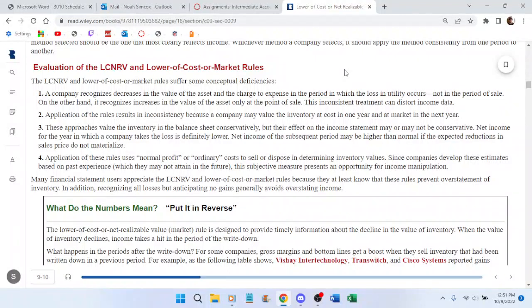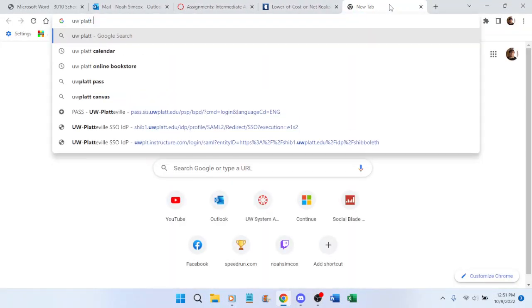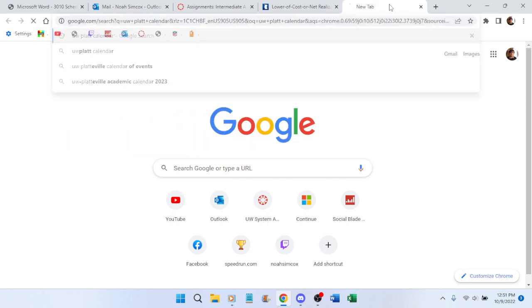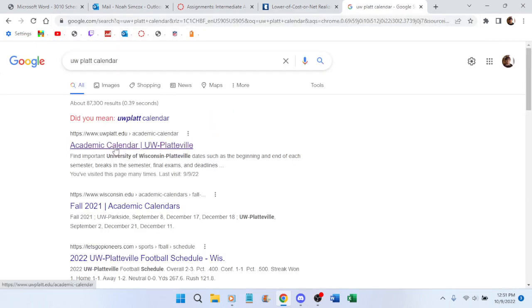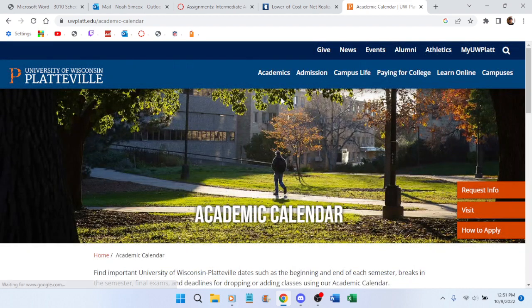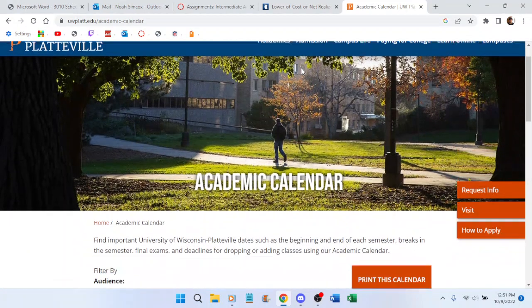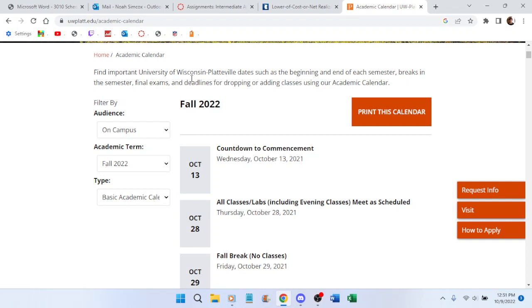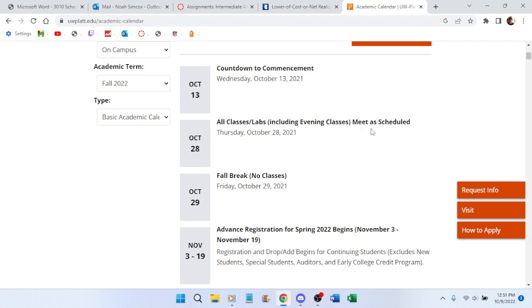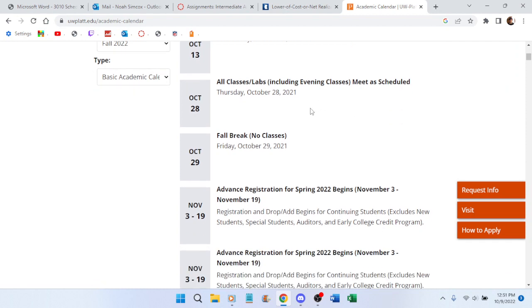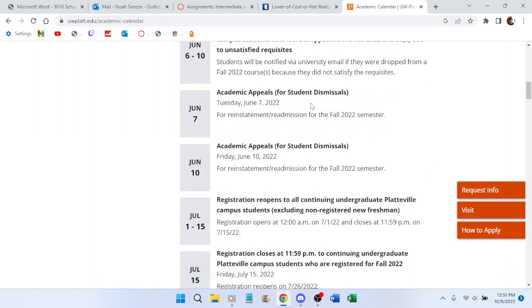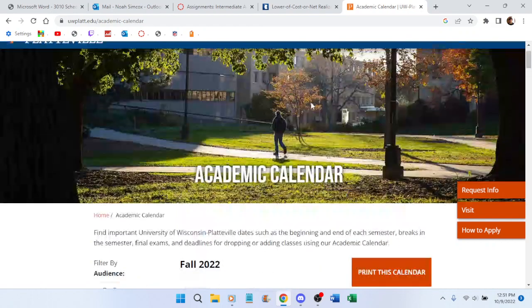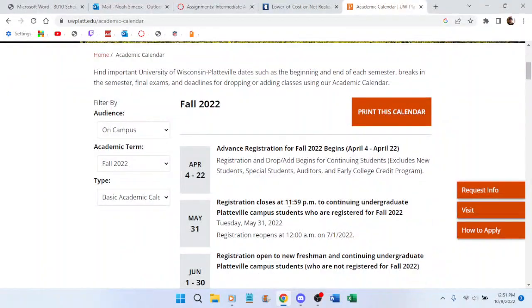I'm curious about something I didn't know. Last time I looked at this calendar, it didn't actually have the information I was looking for.